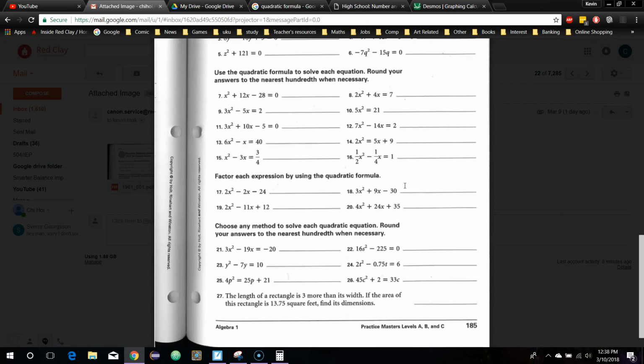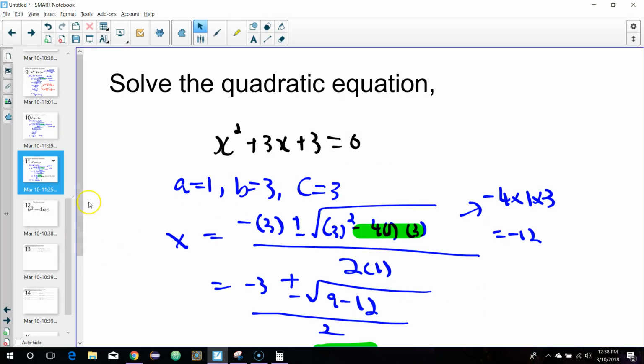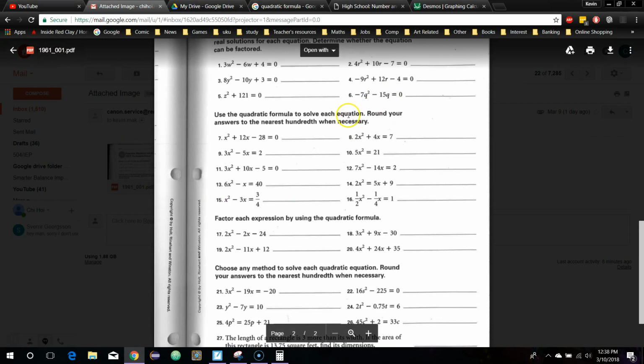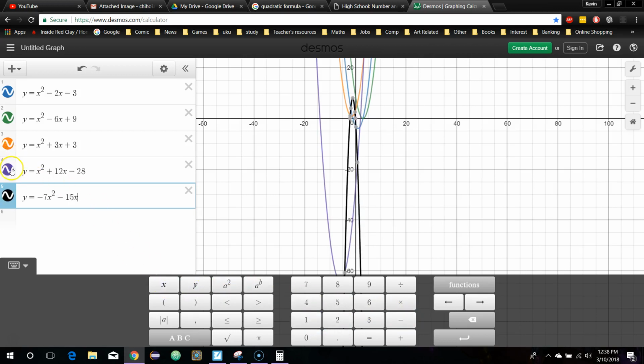Okay, this will do. Negative 7, negative 15. y is equal to negative 7x squared minus 15x. Let's just get rid of some of this.